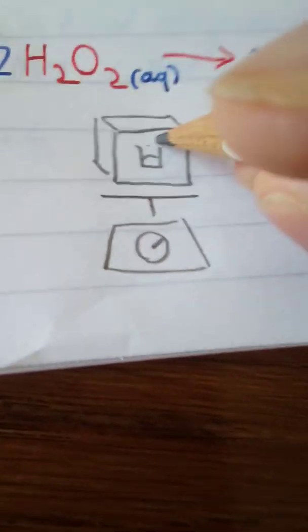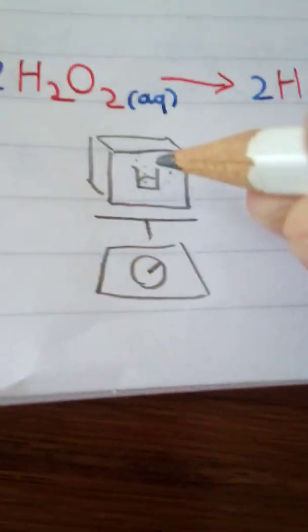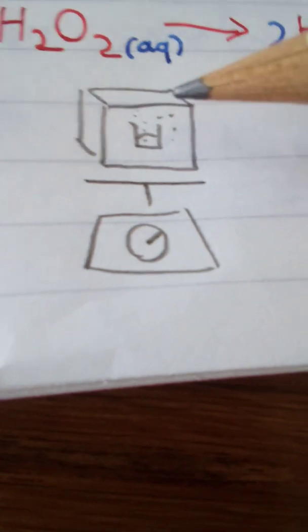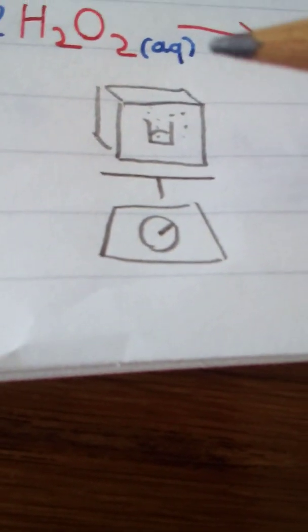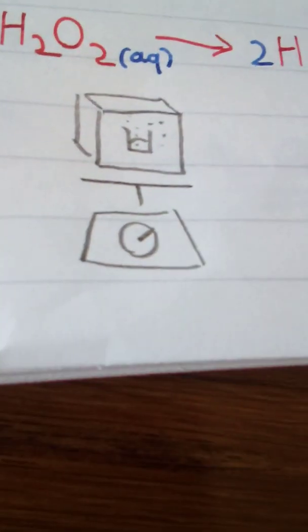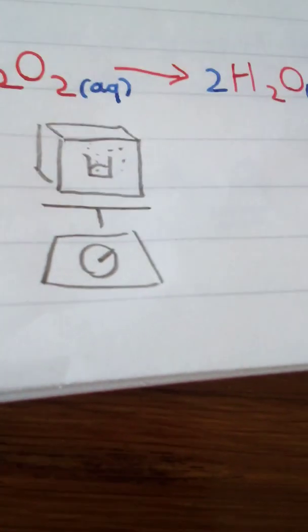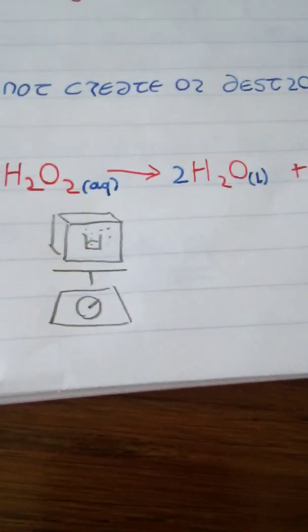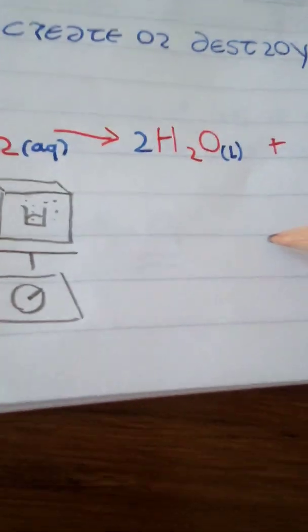And it gives off lots of bubbles because it's giving off oxygen. I'll probably put a catalyst in there as well because I don't want to wait for a week. And that mass doesn't change. I can't create or destroy matter. Okay, that's the law of conservation of mass. And the gas given off, the oxygen here, is contained in the box.